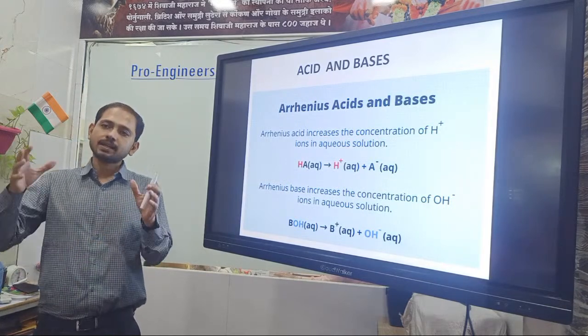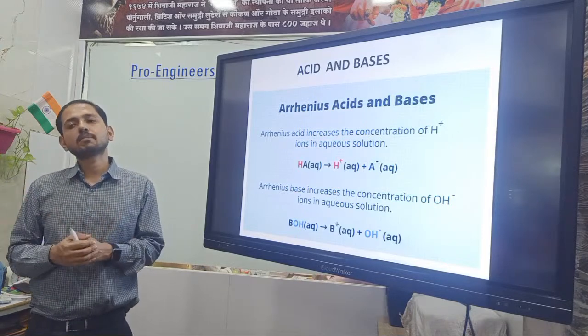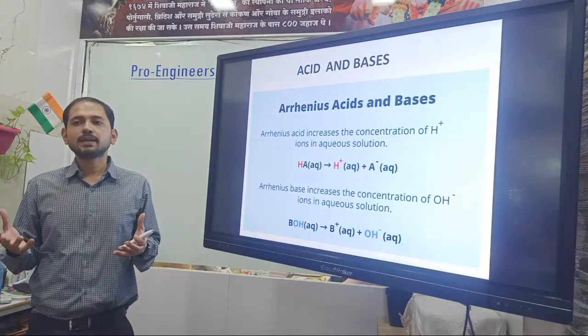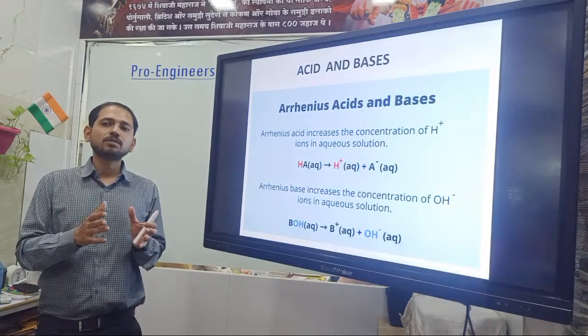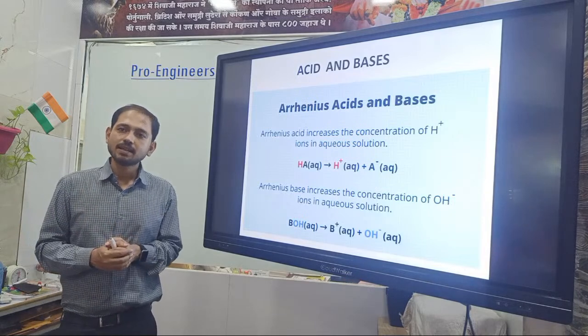Organic compounds can also act as a base, for example ammonia and pyridine. These compounds do not give OH minus, but still they are considered bases.